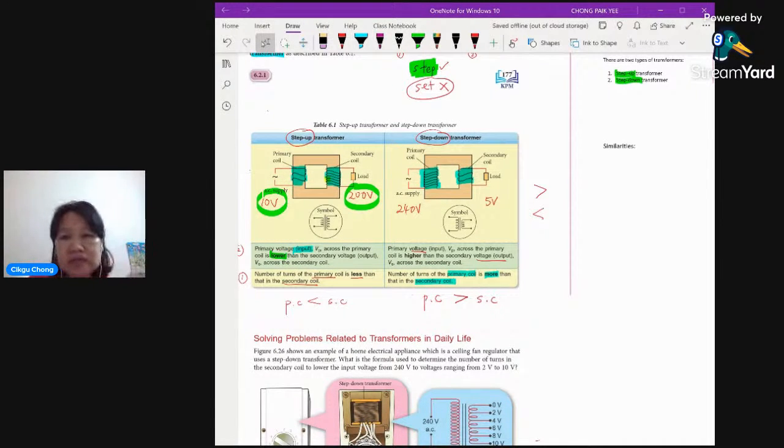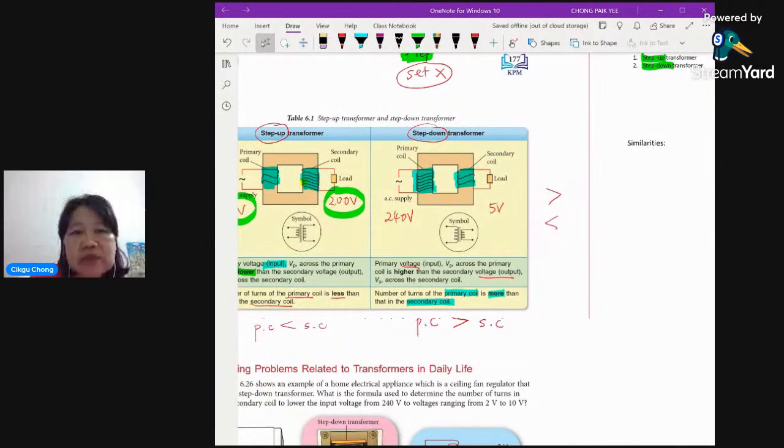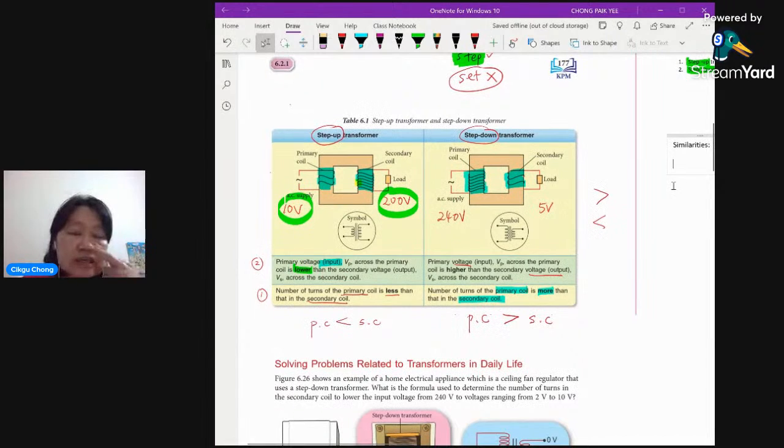What's the difference? Okay, can anyone suggest, maybe you can write over there, what similarity can you talk about between your step up and step down? You just try first. Try to look for the things that both have. It's the easiest way. Next time I'll tell you how to find similarities.